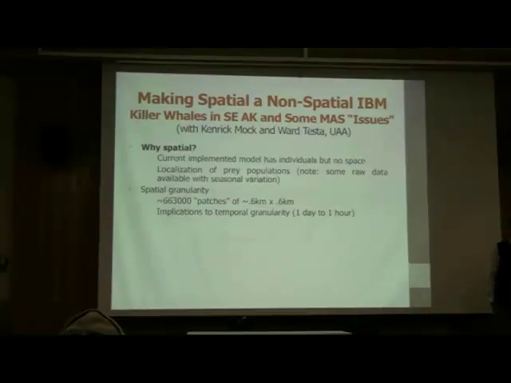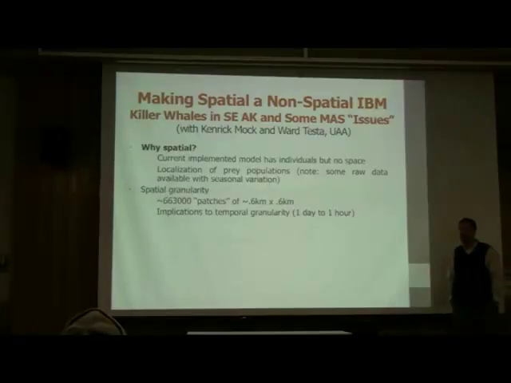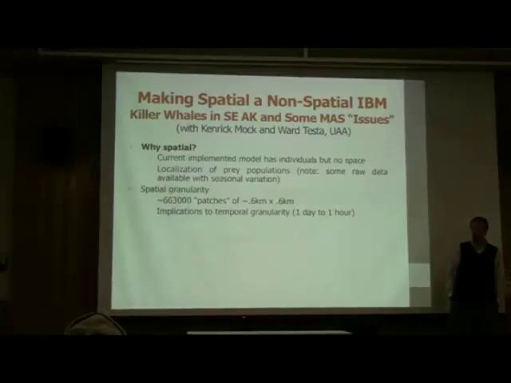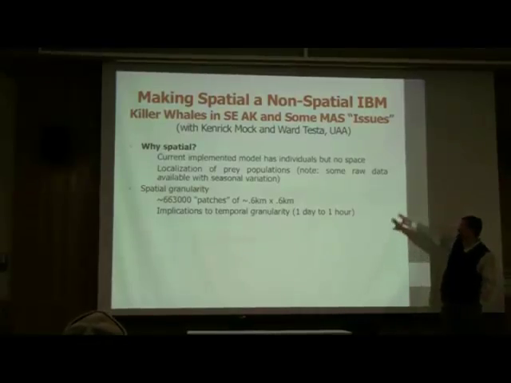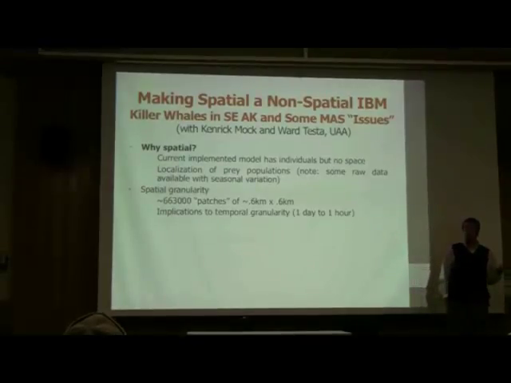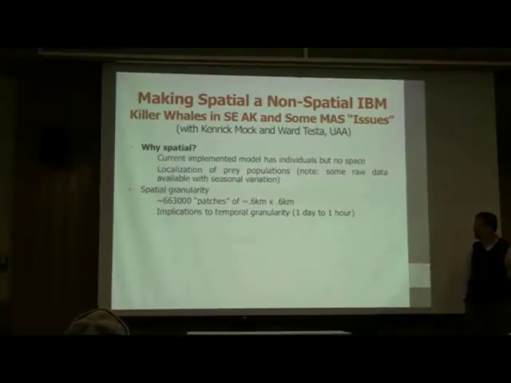Part of that was simply a practical issue, right? You might think that the finer the granularity, the more accurate the system becomes. But one of the issues is there are immediate implications of spatial granularity to temporal granularity. As soon as we say the spatial unit is 0.6 kilometers by 0.6 kilometers, it means we have roughly 663,000 discrete spatial units in the simulation.